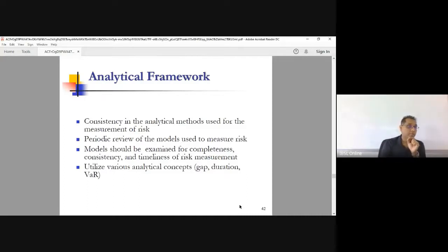If you are not getting the MI that you want, then you need to figure out what other new analysis should be done. So the overall analytical framework of the organization helps you get the information to make your decisions in terms of managing your assets and liabilities.